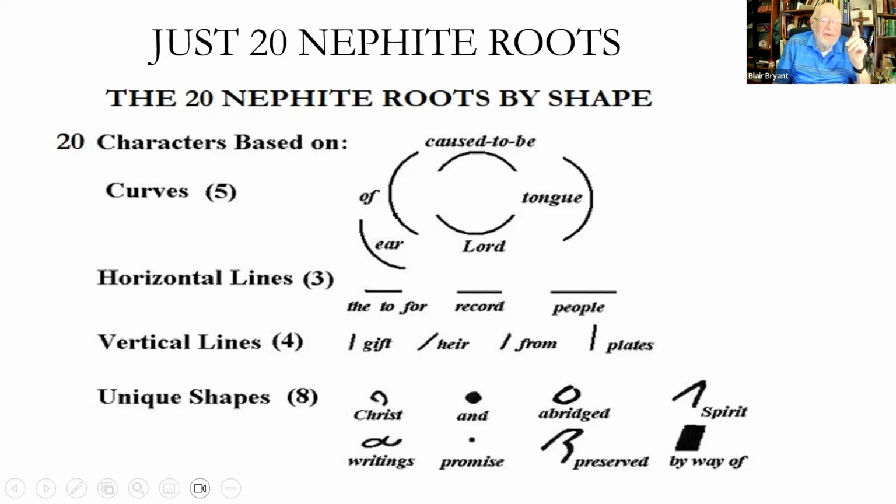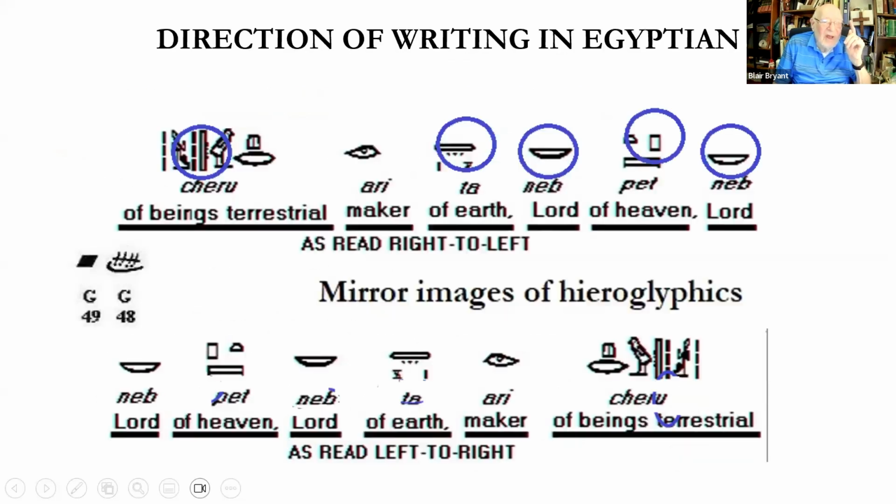But there are three different images that derive from that papyrus symbol. Not only the vertical plates, but there are horizontal lines, and there's also a ribbon on that papyrus.